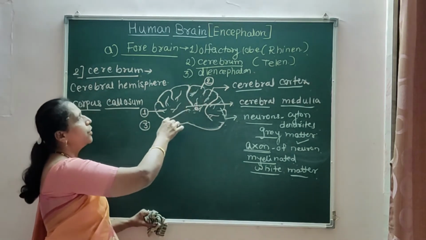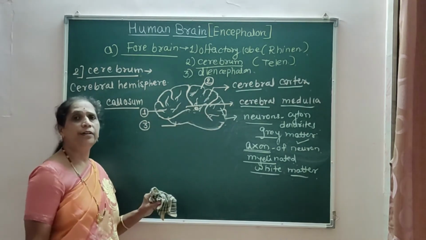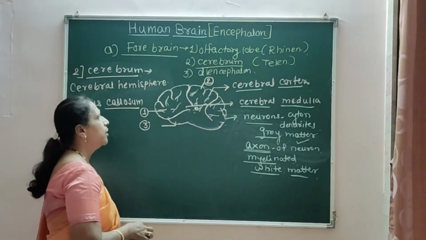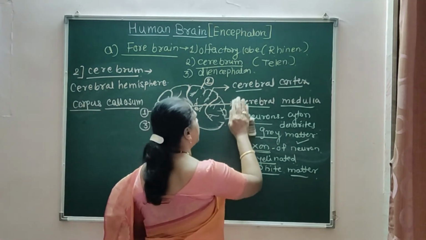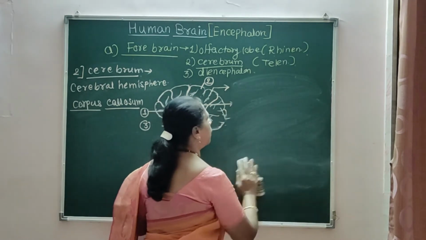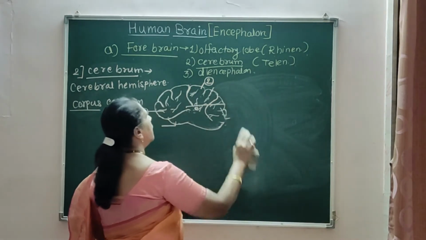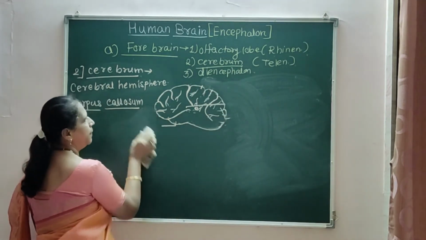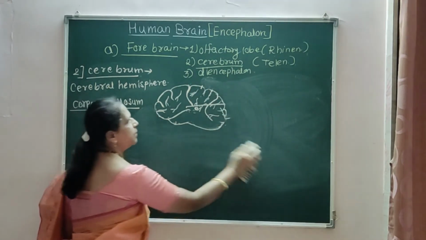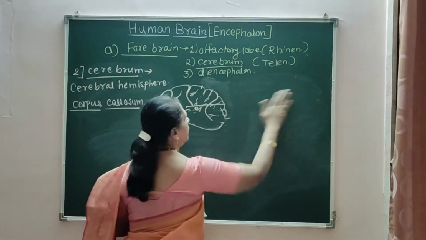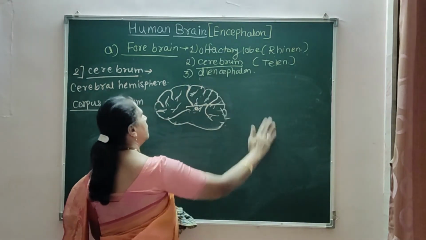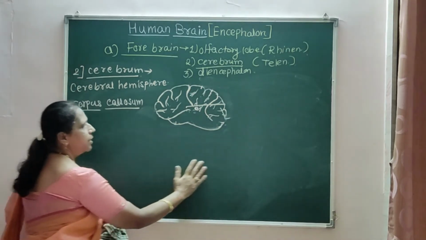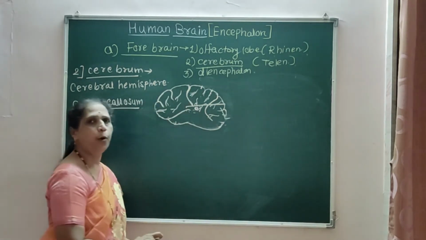Then I am going to talk about the important functional areas of the cerebrum, because the cerebrum forms 85% of the total brain, and hence this is an important part. This cerebrum shows different functional areas which are located in these 4 lobes.